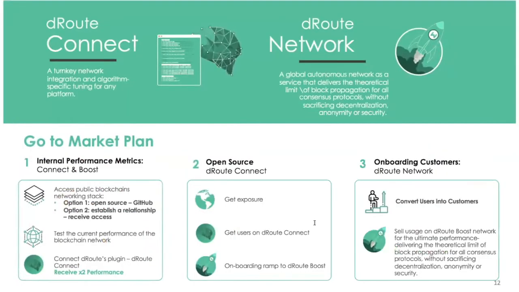So what we are bringing to the market is essentially DRoute Connect, and this is what Larry was talking about. This is completely open source. DRoute Connect uses the public internet, but we have built a slew of network and transport optimizations to increase the performance, the throughput, the TPS, and decrease the block propagation time.